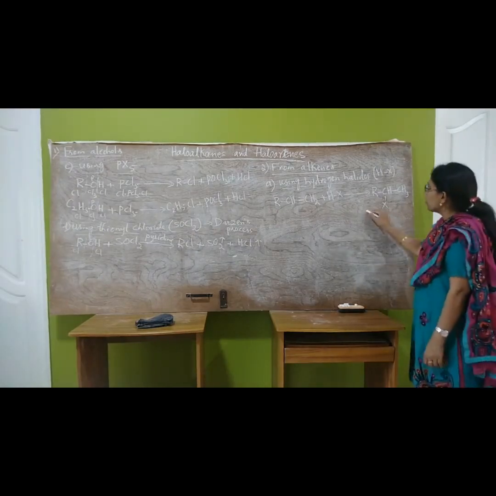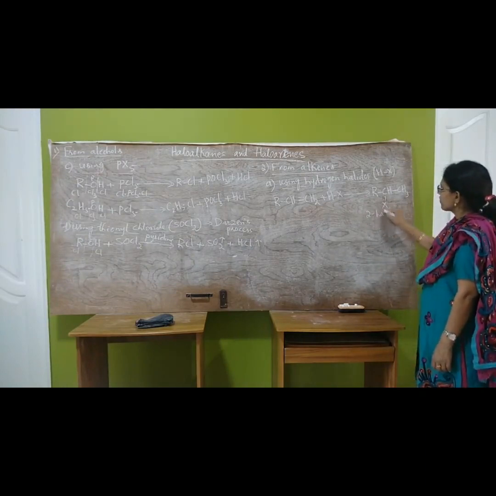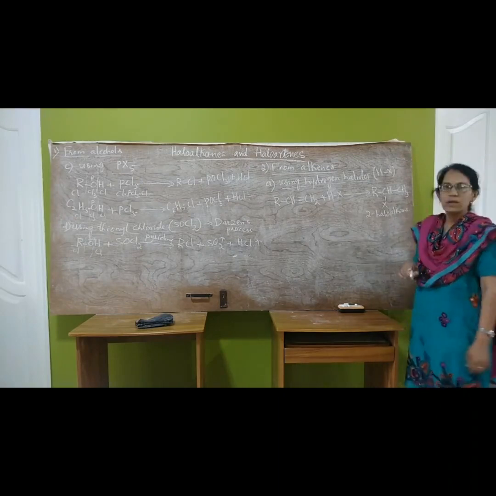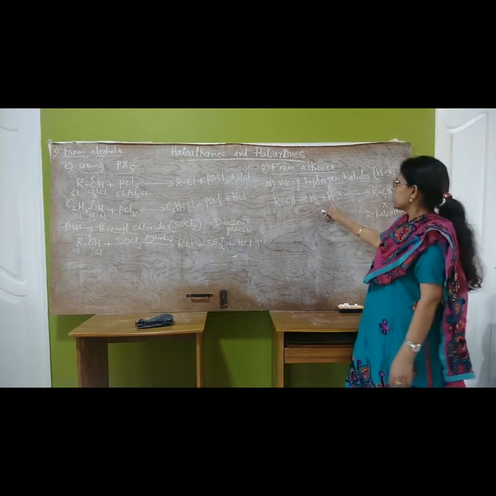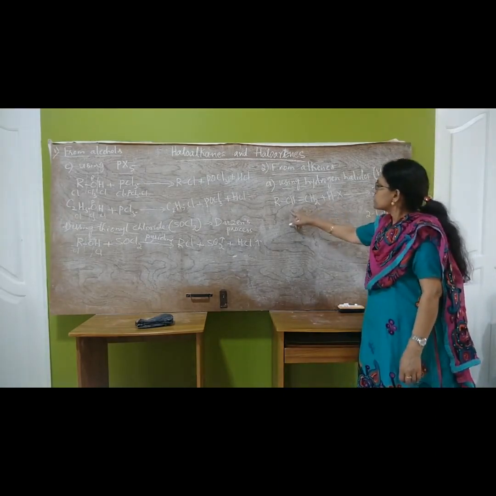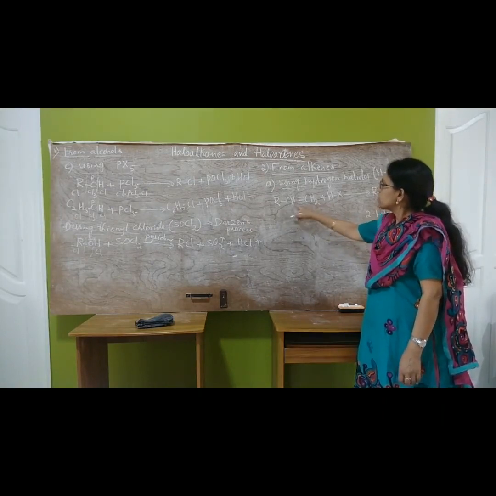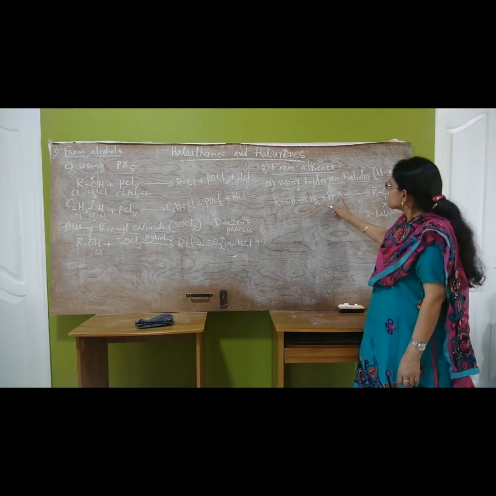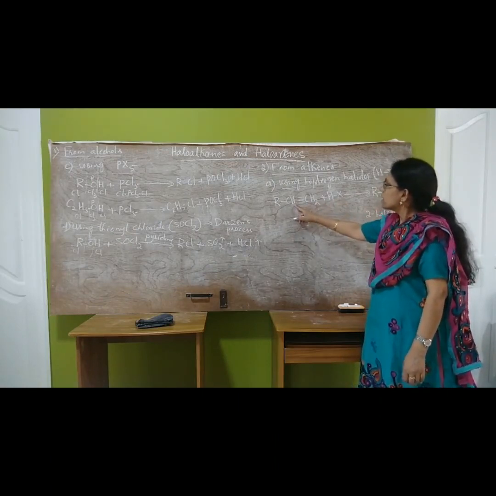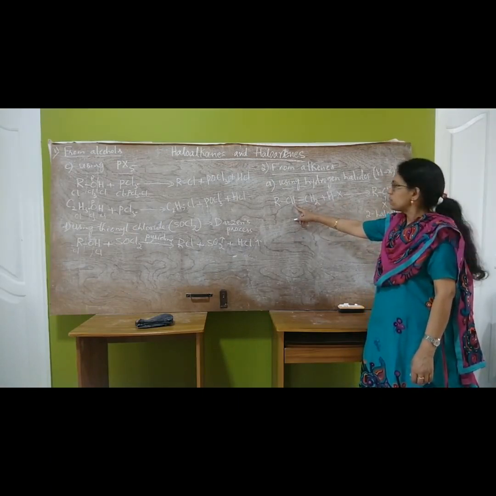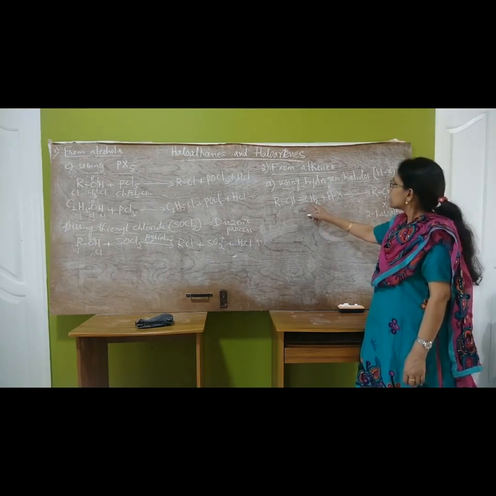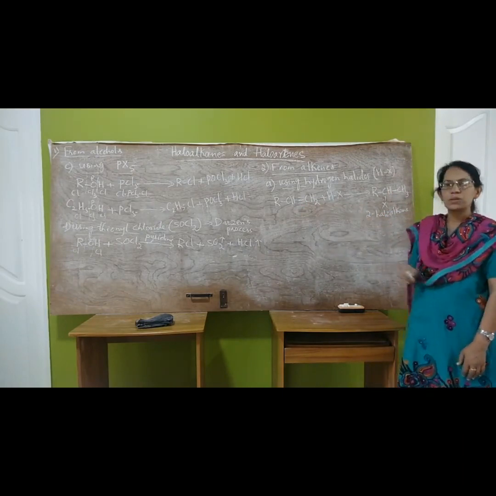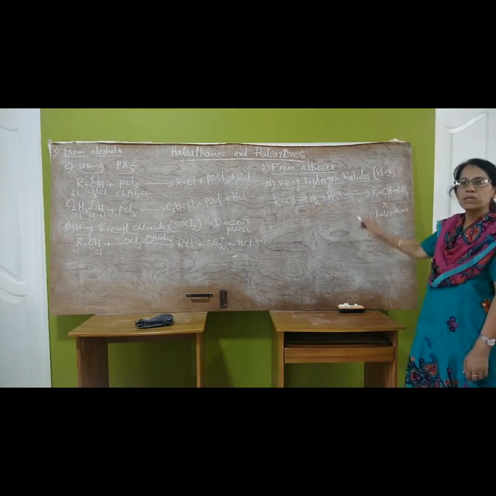Here, as you are seeing, X is added to this carbon. These are the 2 carbons containing the double bond. So, X is added to the carbon containing less number of hydrogen, and H is added to the carbon containing more number of hydrogen atoms. This rule is called Markovnikov rule.